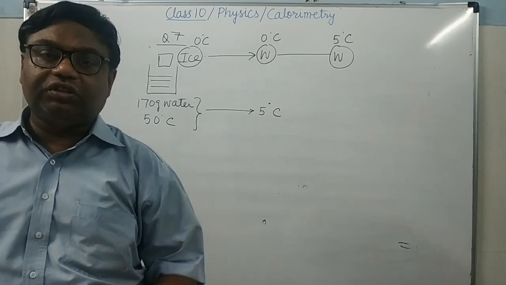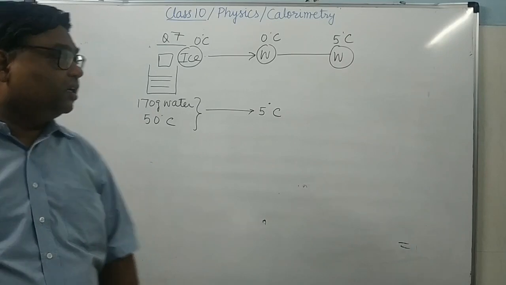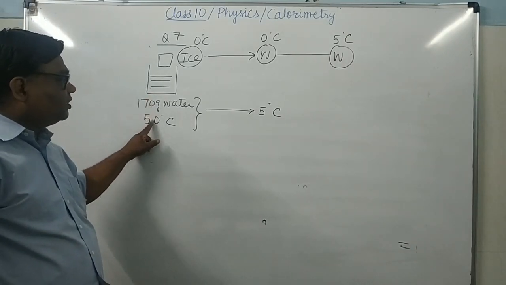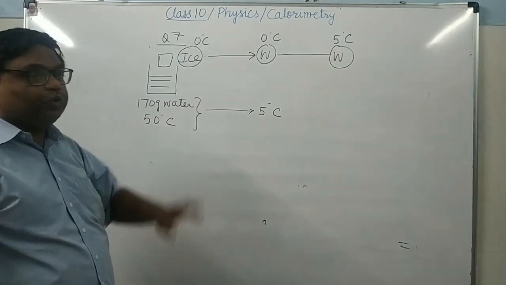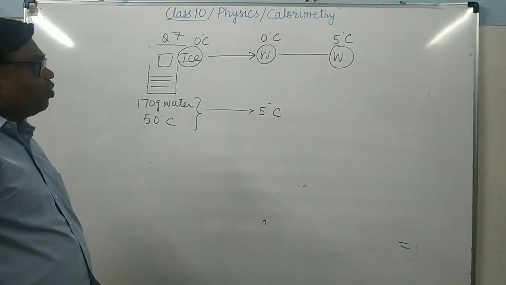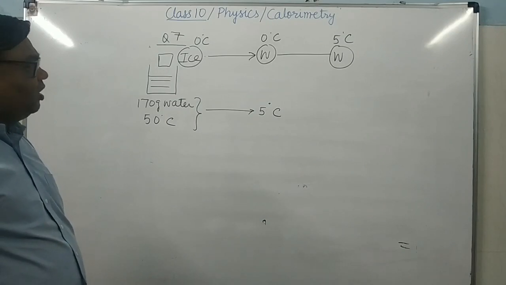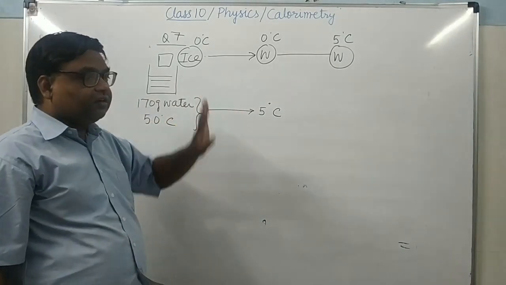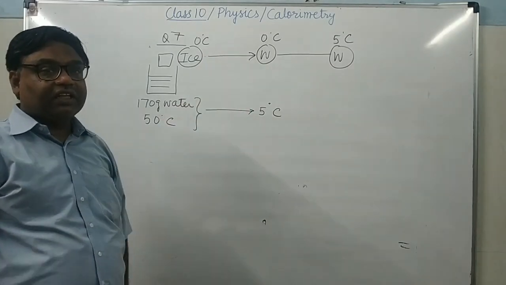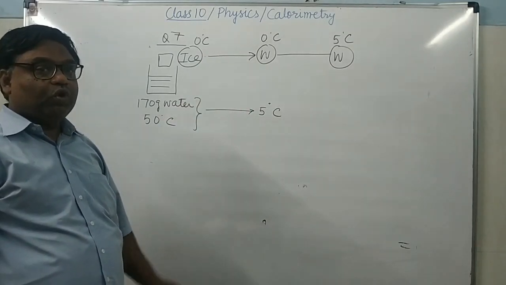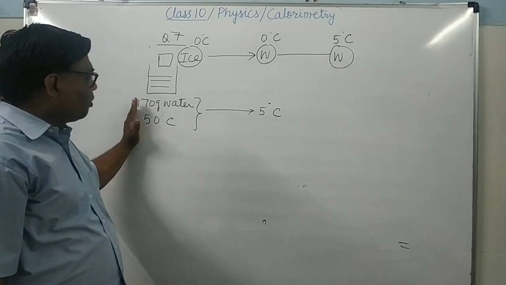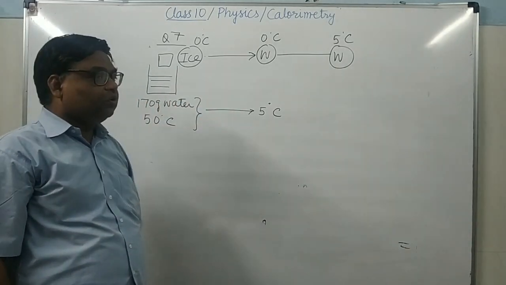Because in the question it is said that this water which is at 50 degrees Celsius, you have to bring up to this temperature. It's clear? So thermal equilibrium will establish only when both are at 5 degrees Celsius. Otherwise, ice will keep gaining heat. So we have to take so much ice which drops its temperature from this to that.